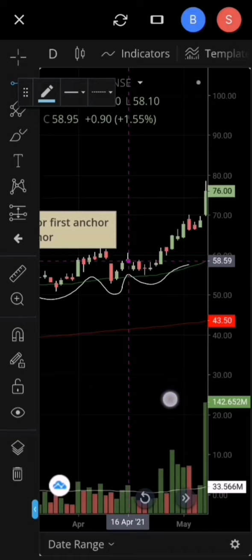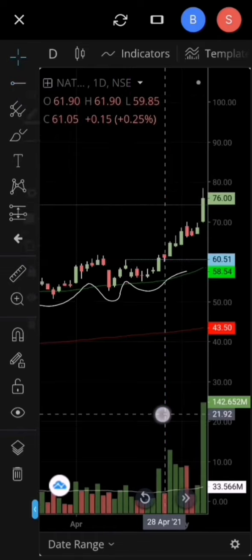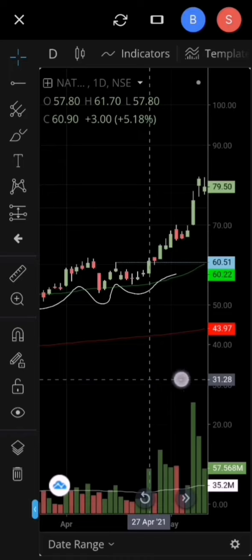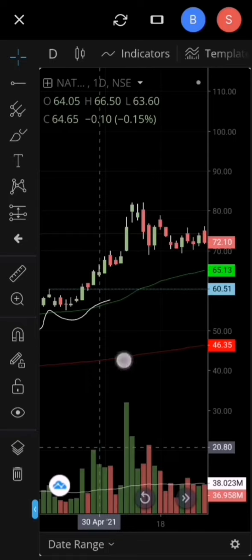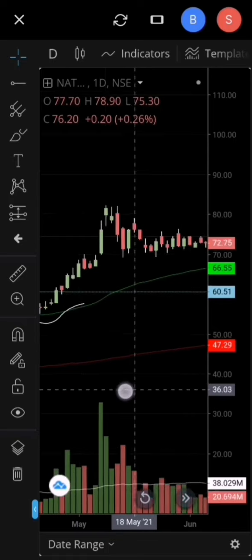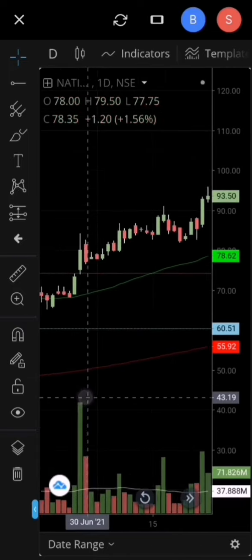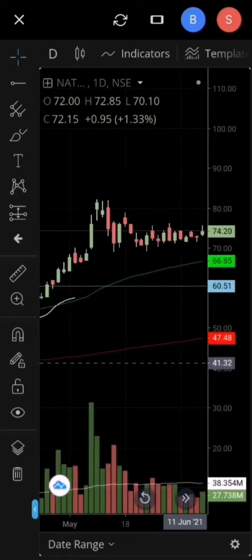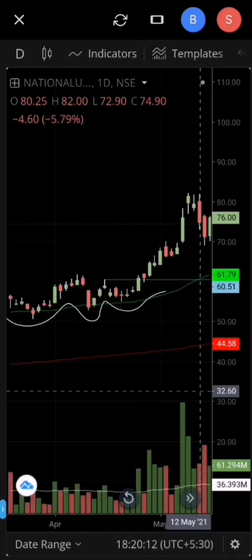So this was the pivot point, around 60.5. Once this point was crossed, you could see how significantly the volumes also picked up as the price was going up, and here again there was a slight consolidation, but again the stock went up nicely. Again, the benefit of this VCP is that it appreciates your capital in a very rapid fashion.